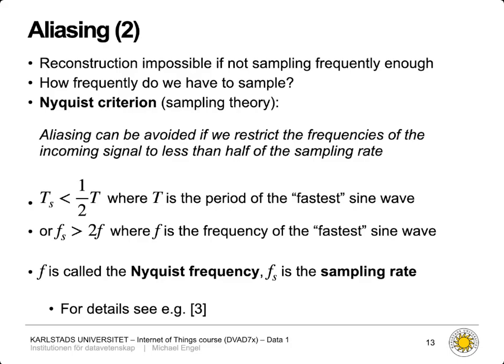So the fastest sine wave, which is always guaranteed to be periodic, of course, or the other way around, the frequency of the fastest sine wave must be less than half the frequency of your sampling. Of course, we can't go into too much details here. There's lots of literature out there, like the Engineer's Guide to Signal Processing, which is open source on the internet, so you can just freely read it, and it's very well readable as literature reference 3 here.